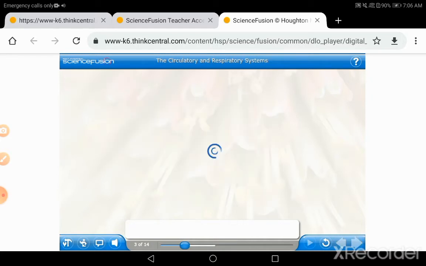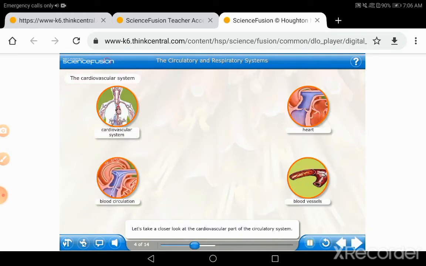Now, let's start with the cardiovascular system. We will see the cardiovascular system in this slide. We said the cardiovascular system is part of the circulatory system. So we have four slides: heart, blood vessels, blood circulation, and the cardiovascular system in general.